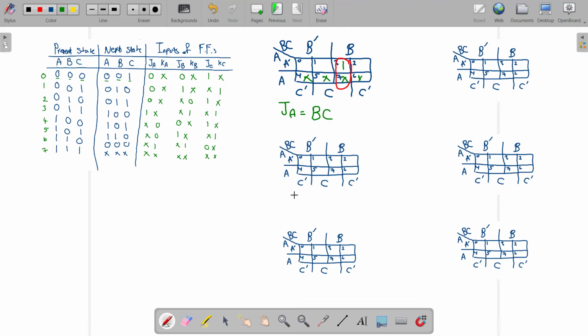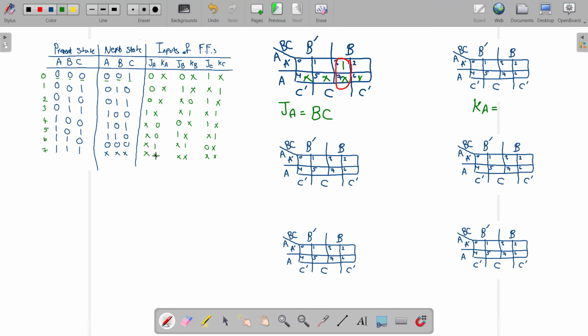For the KA, if you look at here, you can see that just this 6 is equal to 1. The rest is equal to, actually from 0 up to 3 we have don't care.